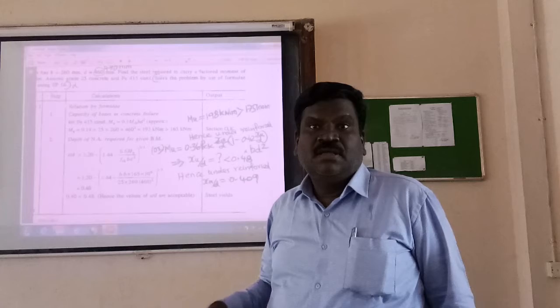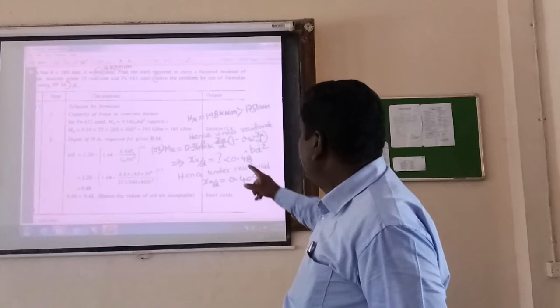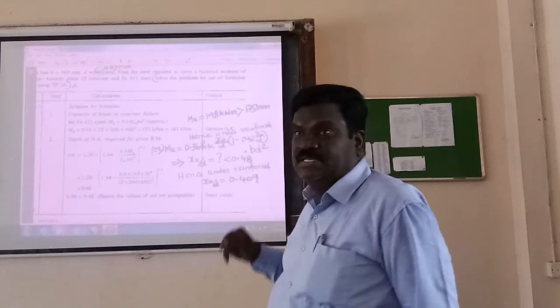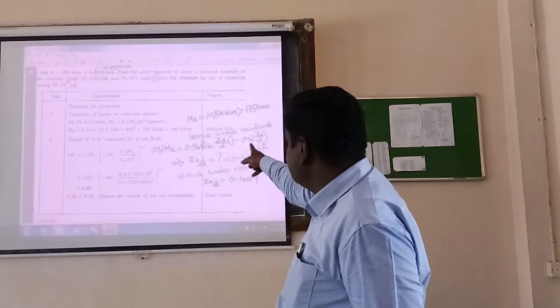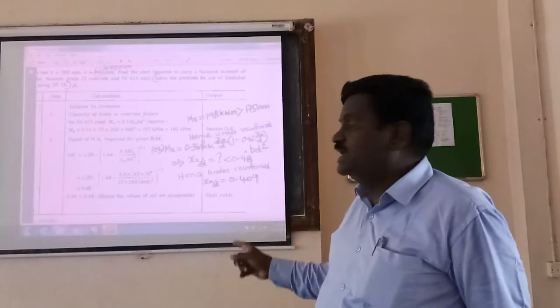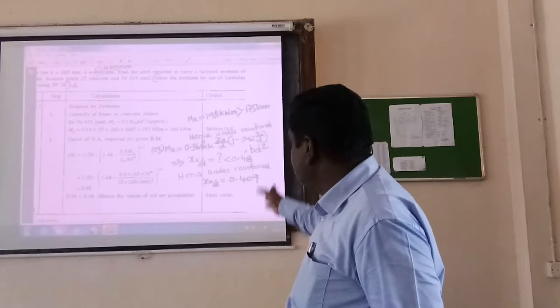Okay, Mu by 0.87 fy into lever arm. He has put that way. And also he examined that the section is under-reinforced. How? From Mu equal to 0.36 xu by d, 1 minus 0.42 xu by d, from this xu by d is what he determined, which is less than 0.48.